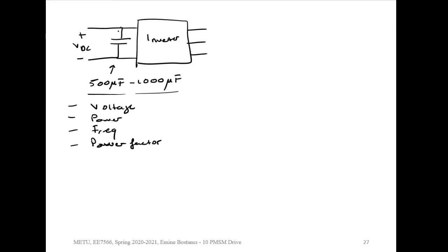But if we try to understand why we have this DC link voltage, we can just make a very easy example. So you have an idea why we need this DC link voltage. Assume that the modulation index is 1. We don't usually reach exactly 1, but usually come close to 1, 0.95, 0.96 maybe.